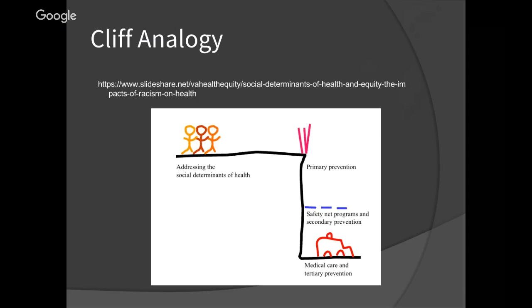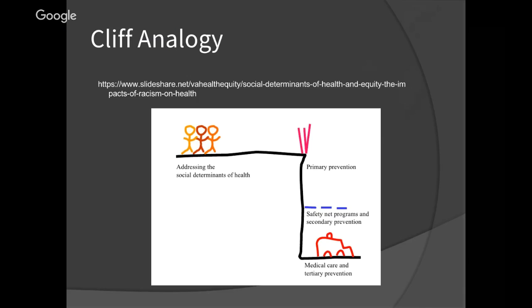An ambulance comes through and tries to repair their broken bones or whatever it is that happened there. So that would be medical care and tertiary prevention, similar to diagnosis and treatment. You're trying to keep them from dying after they've hit the ground.